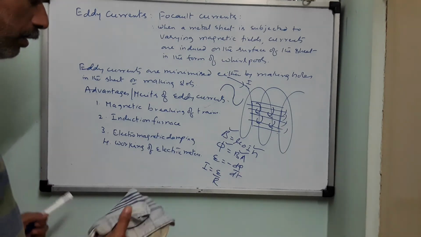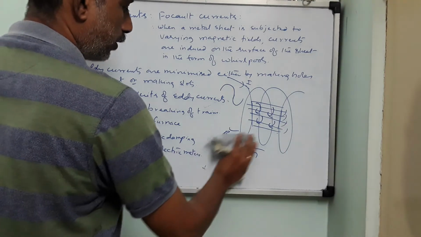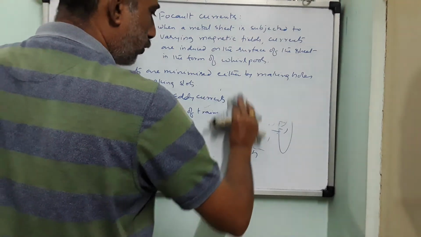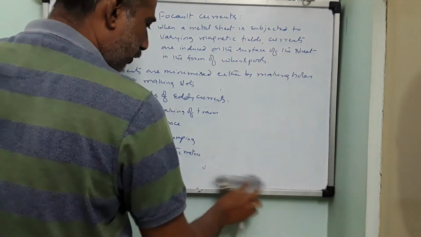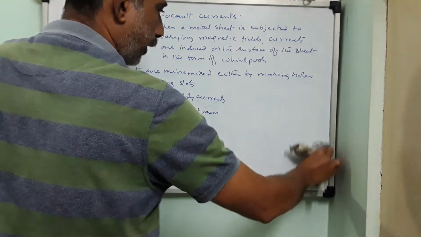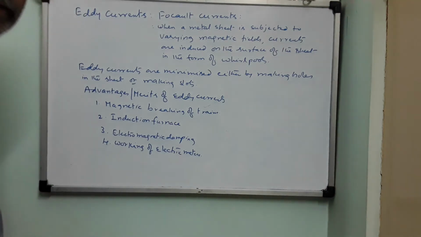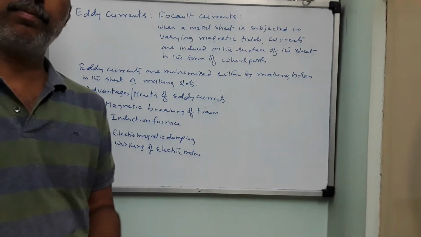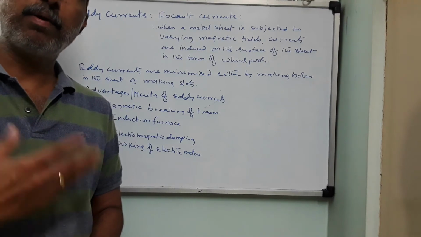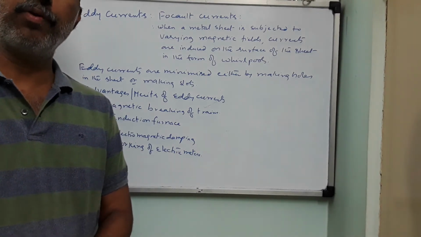Now, what are the disadvantages? Everywhere you see that wherever there is a current, heat is produced. This heat is disadvantageous. Heat energy is actually at the expense of electrical energy only, because energy can neither be created nor destroyed. So where heat is coming from, some of the electrical energy is wasted in the form of heat.